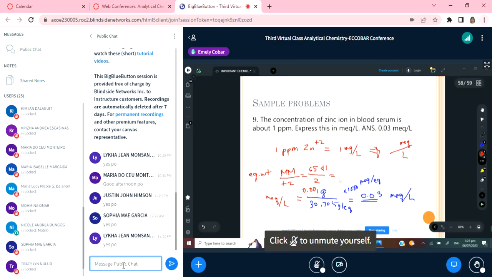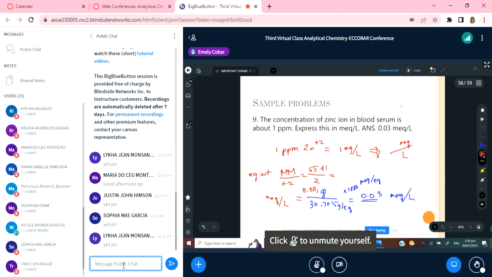So here, it says the zinc concentration in the blood is 1 ppm. And 1 ppm simply means 1 milligram per liter. Now, how do we convert this to MEQ per liter? MEQ, milliequivalent. So, ibig sabihin, gagamit tayo ng equivalent weight.